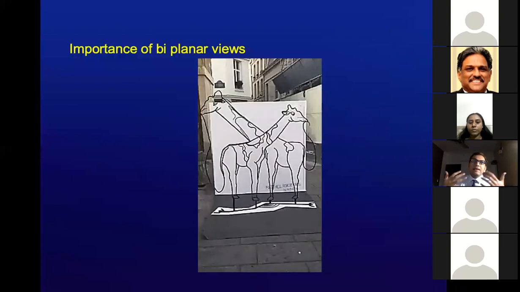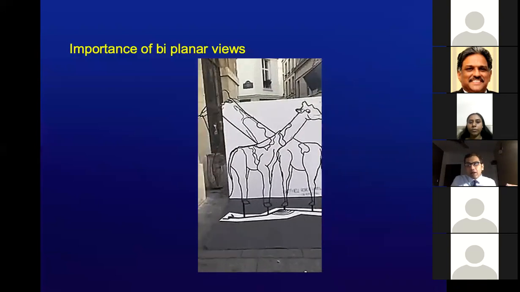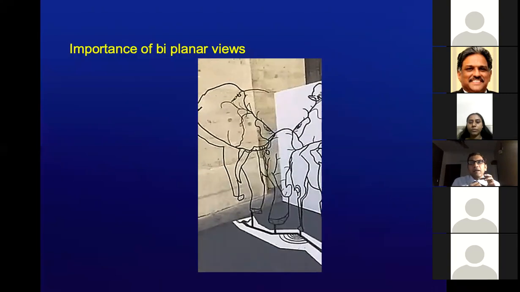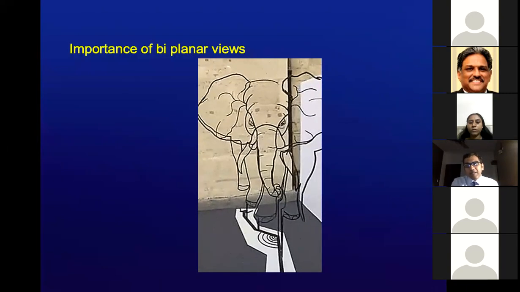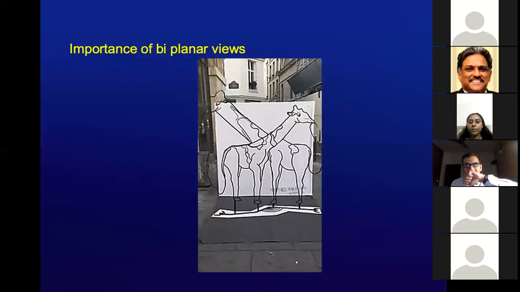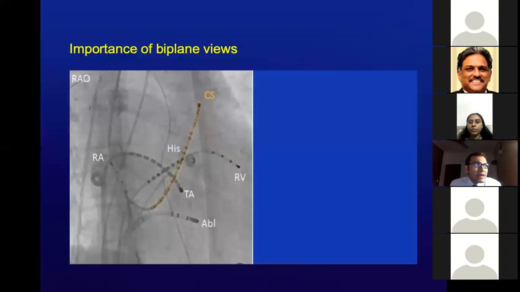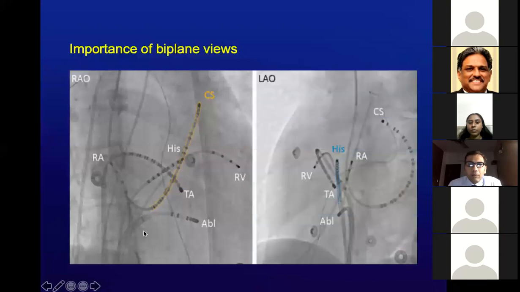You could have easily done an AP of the heart and a lateral of the heart also. But unfortunately, the heart decided to be more towards the left side and slightly slanted. As a result, the anatomically accurate views for the heart are what is called the right anterior oblique and the left anterior oblique views.